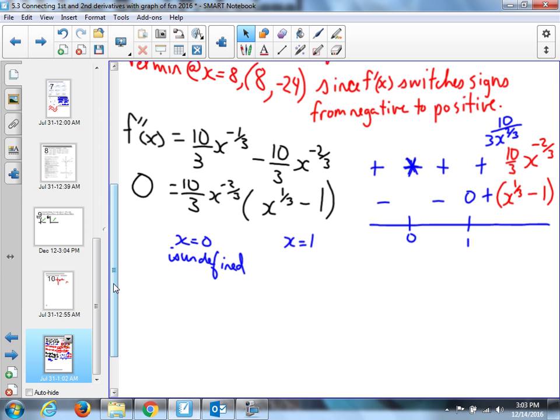So what do we have here? We have a negative, negative, positive. And since it's not broken up, the concavity doesn't change at 0, does it? And 0 is an allowed value in the domain. So it's really concave down on, I don't know, I'm running out of time.